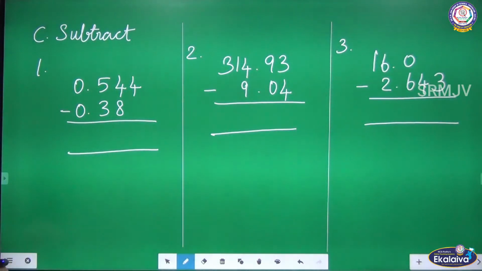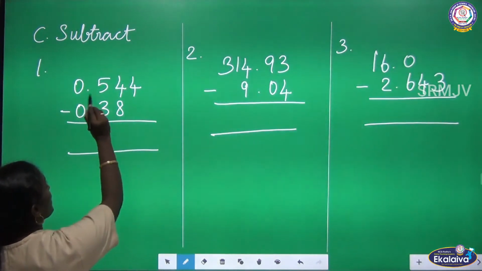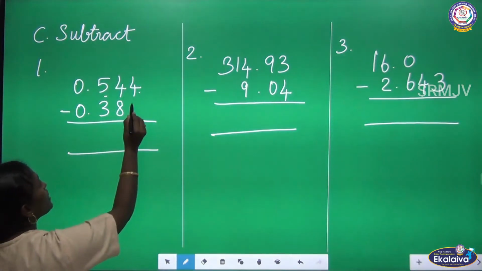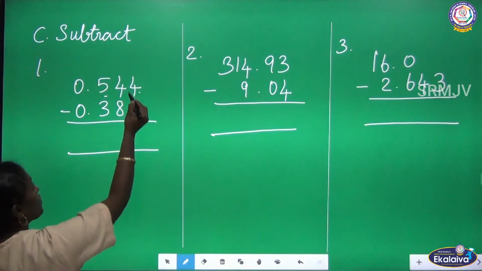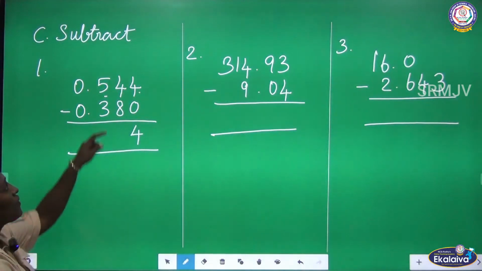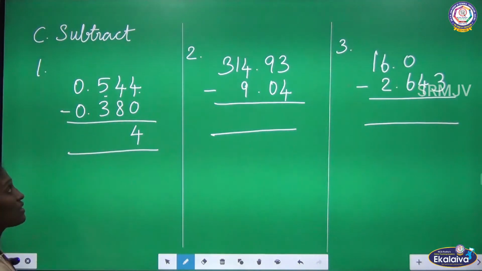Now we are going to subtract the decimal numbers. Here already the numbers are arranged, just we are going to subtract. Here in the first number we are having 3 decimal places. In the second number 2 decimal places is there. So we can add 1 0 here. 4 minus 0, that is 4. 4 minus 8, the first number is a smaller number. From the smaller number we can't subtract the greater one.